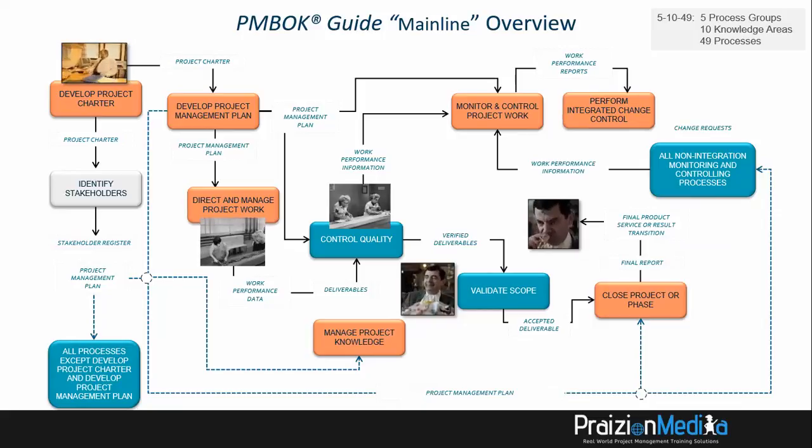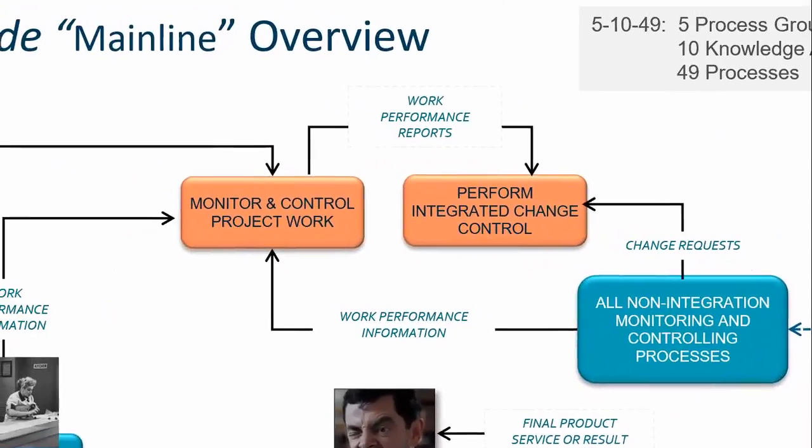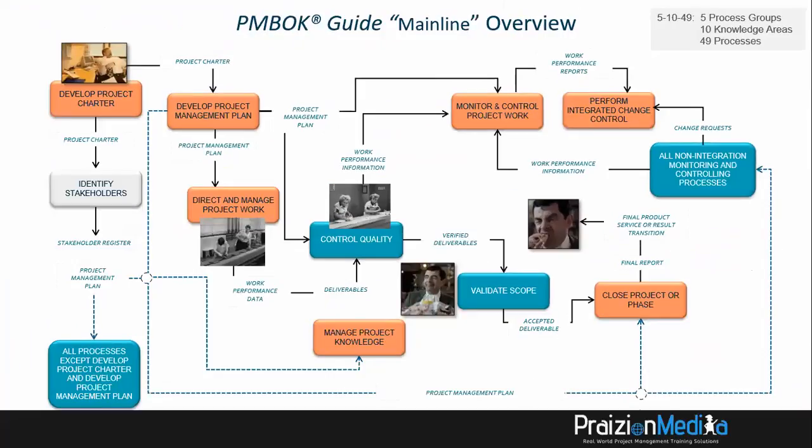Also be aware that change requests are generated from a number of places, including those monitoring and controlling processes outside integration. Those give change requests like other processes do, but we want to call your attention to the fact that every change request is an input to perform integrated change control, and that is where it gets processed.